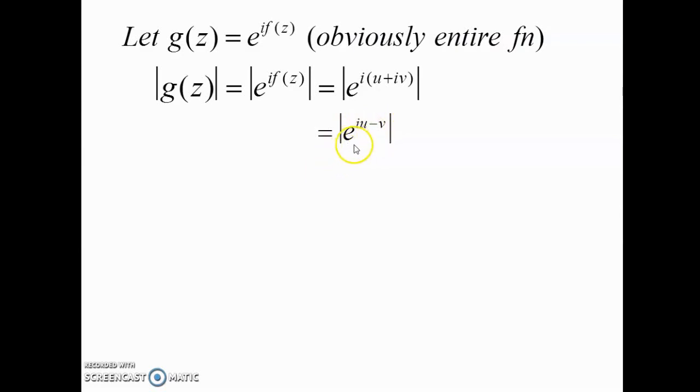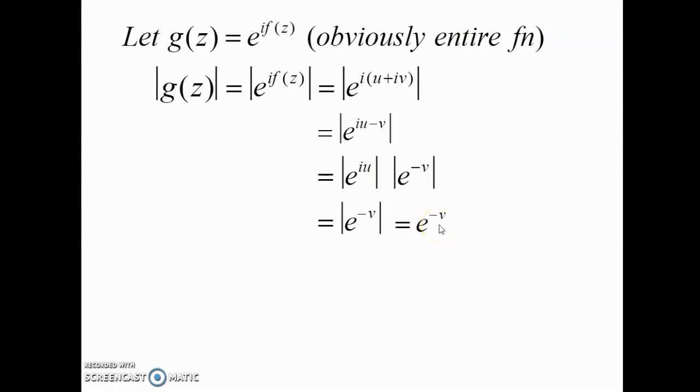Now I am splitting this modulus. So this is equal to modulus e power iu into modulus e power minus v. We know that the first is always 1. So this is equal to modulus e power minus v. We know that exponential is always greater than 0, so we will remove this modulus. So we will get e power minus v.